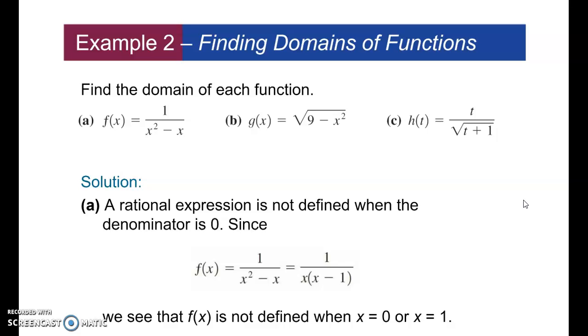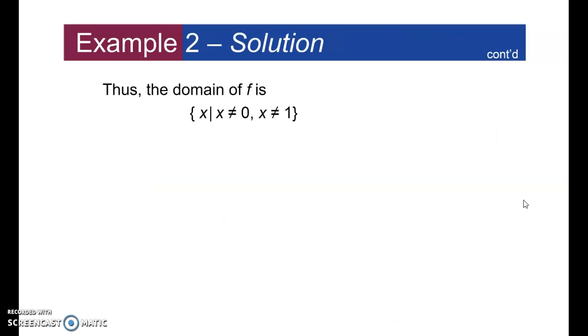And if x minus 1 cannot equal 0, then x cannot be 1, because 1 minus 1 is 0. So our domain here in function f would be all values of x except for 0 and 1. We could write it this way, and we read that as all values of x such that x cannot equal 0 and x cannot equal 1.